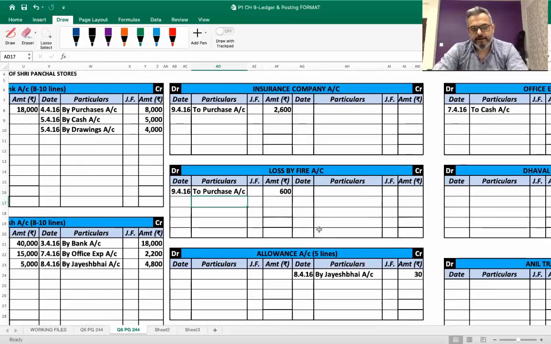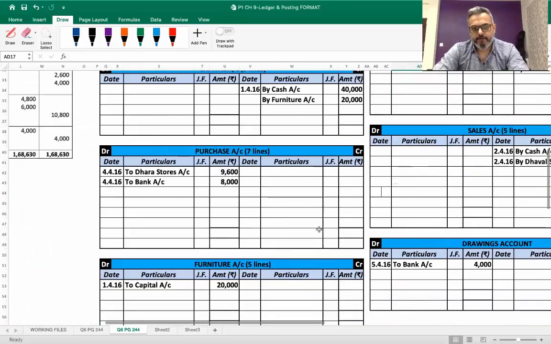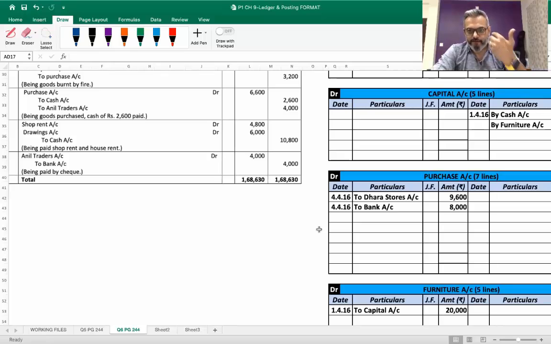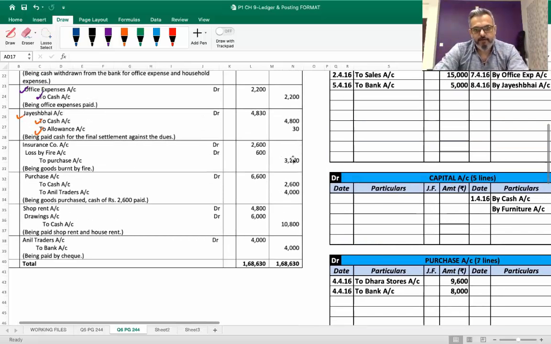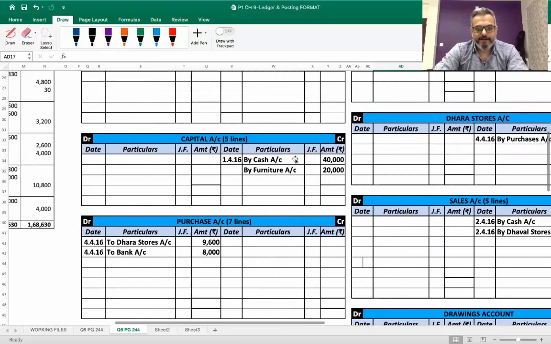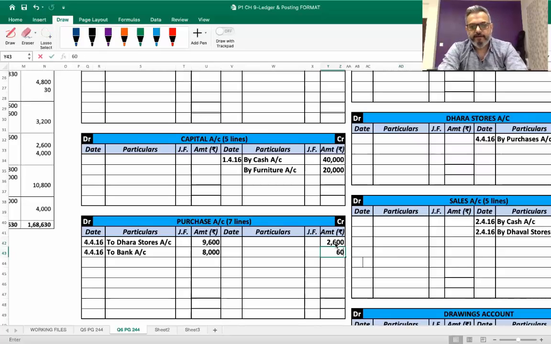Now purchase account credit. Normally purchase account is always debit, but here when goods are withdrawn, goods are destroyed, goods are stolen, goods are given as free samples, goods given as donation, what we do is we credit purchase account. So your purchase account credit 3,200 will have two parts, credit side 2,600 and 600.